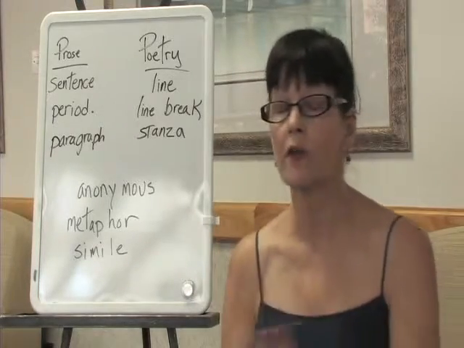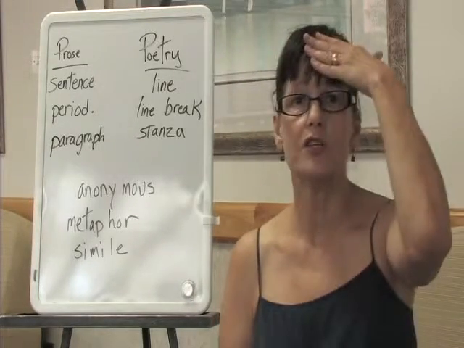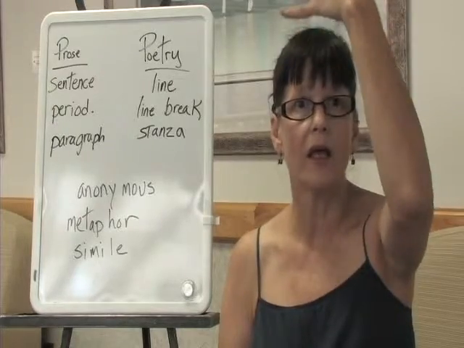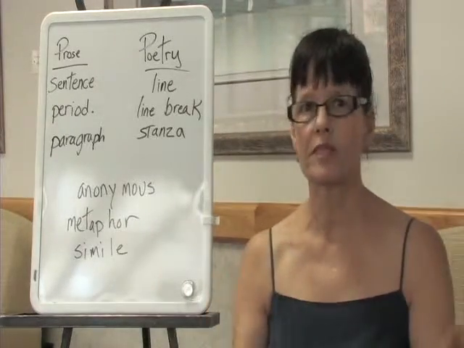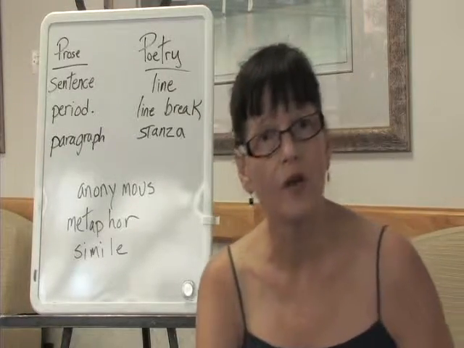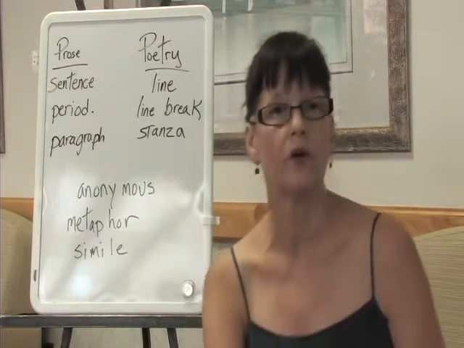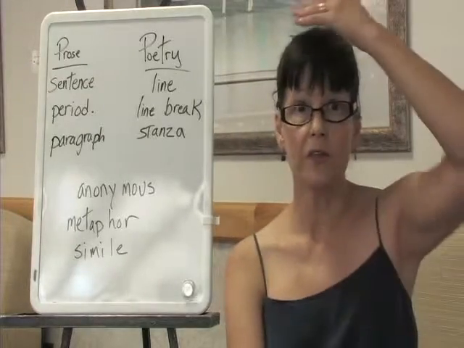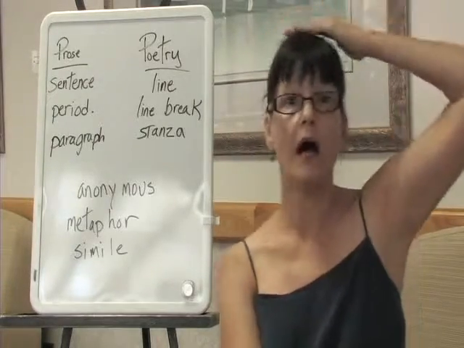Now, image is part of the word imagination. Image is a picture in your head. And when you write poetry, you want to present very strong images that are memorable. And the work of the reader of poetry or the listener of poetry is to make those images happen in their own mind.